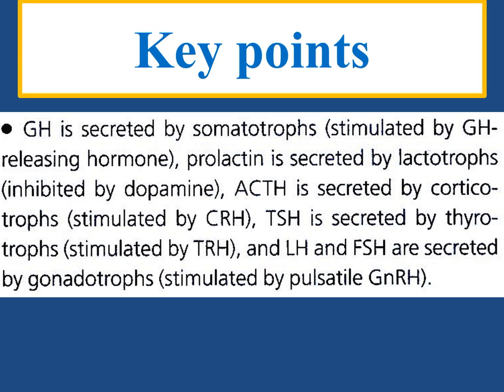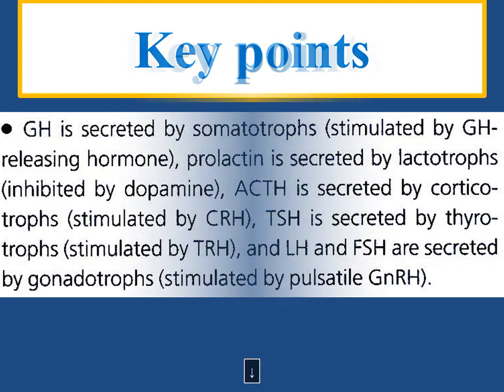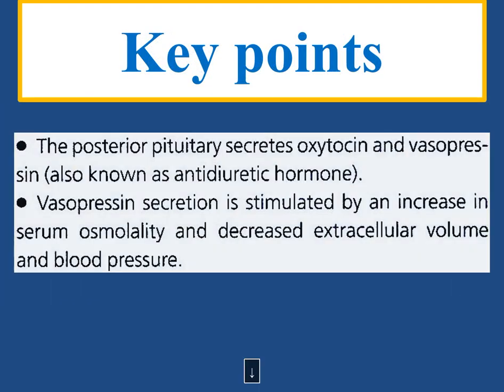LH and FSH are secreted by the gonadotrophs, stimulated by pulsatile GnRH. The posterior pituitary secretes oxytocin and vasopressin, also known as antidiuretic hormone. Vasopressin secretion is stimulated by an increase in serum osmolality and decreases in extracellular volume and blood pressure.